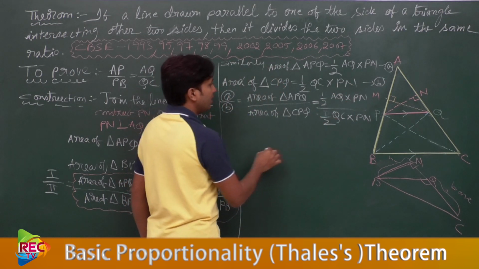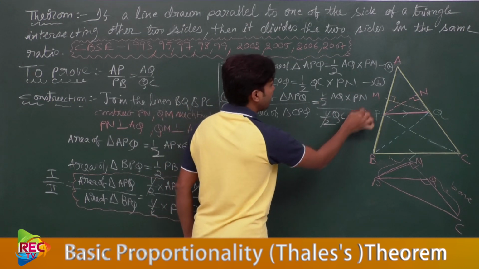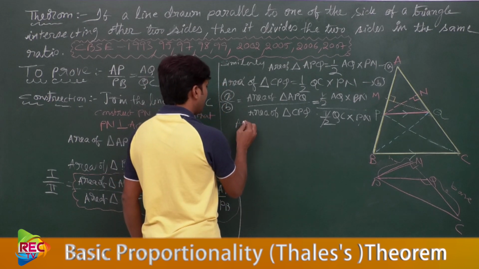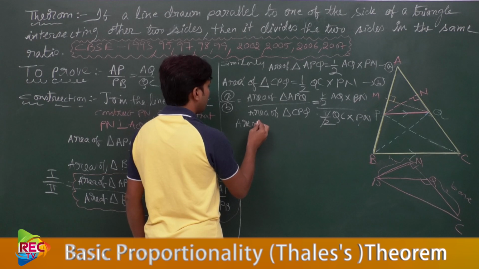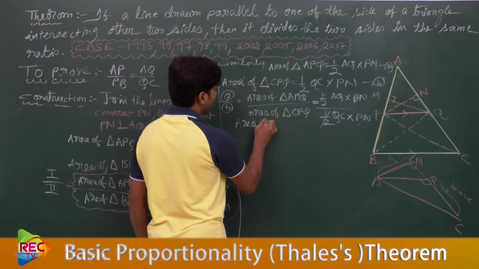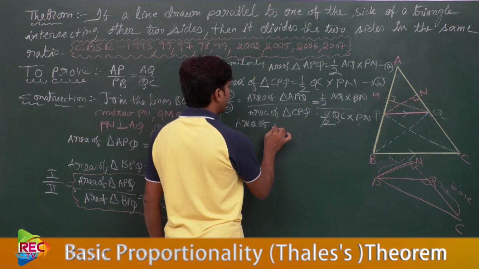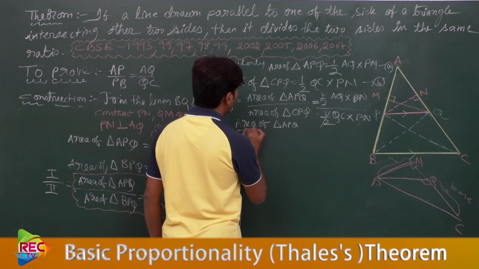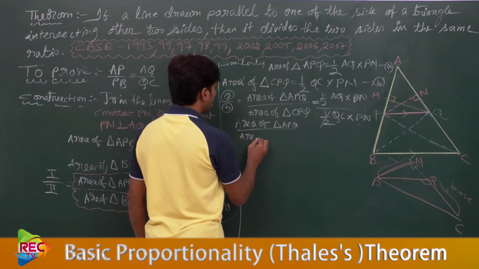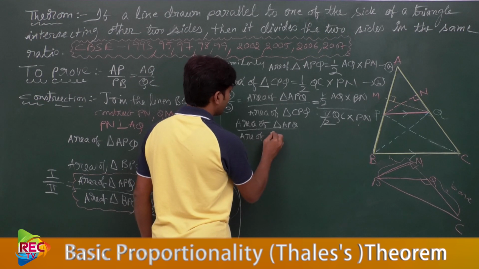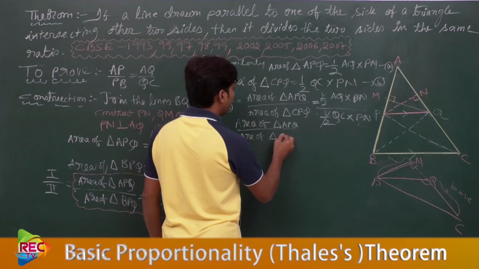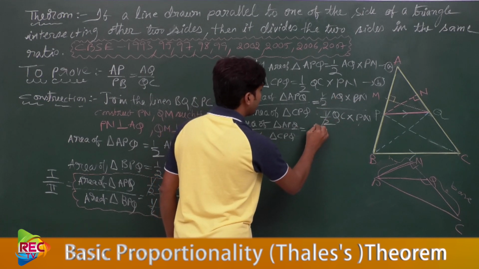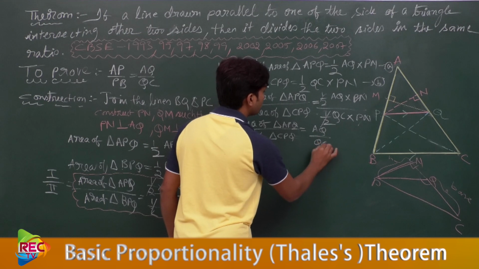So what did you find here? Obviously the half will be cancelled and PN is a common factor, we can cancel that. So what is left over finally? Area of triangle APQ by area of triangle CPQ equals AQ by QC.